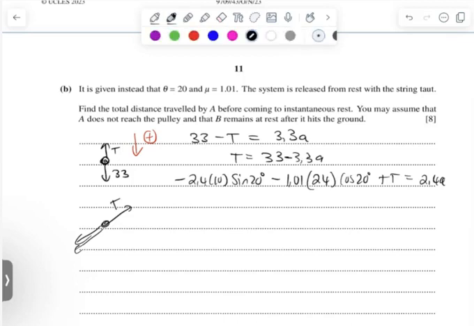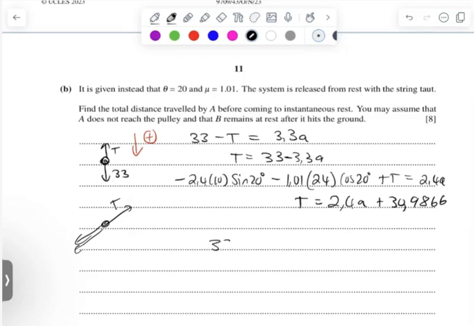Okay, and if I simplify some of this, because there's a lot going on here, I'm just going to get a value for T. Plus 1.01 times 2.4, well, times 24. Okay, so I'm getting a value of T, which is 2.4a plus 30.9866.